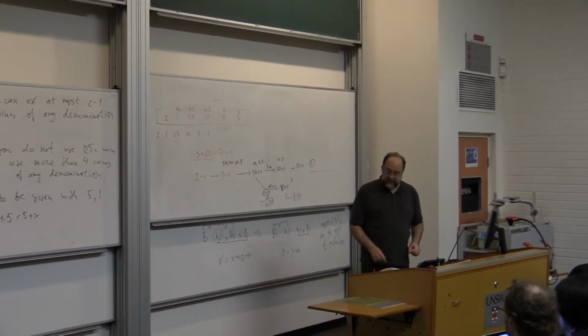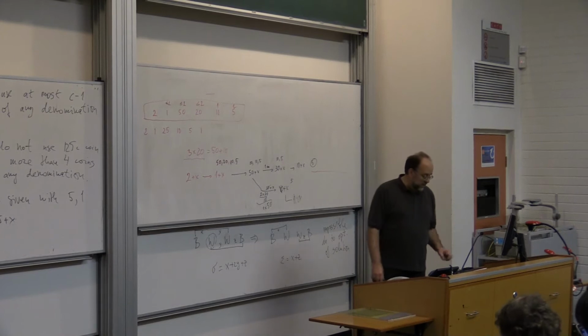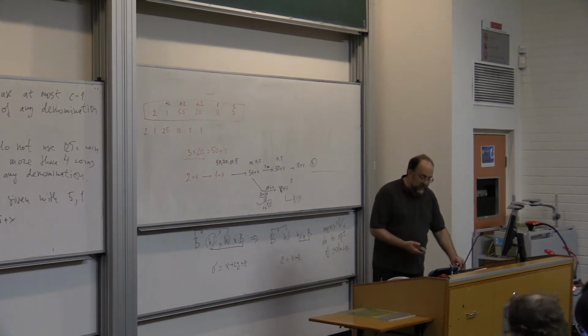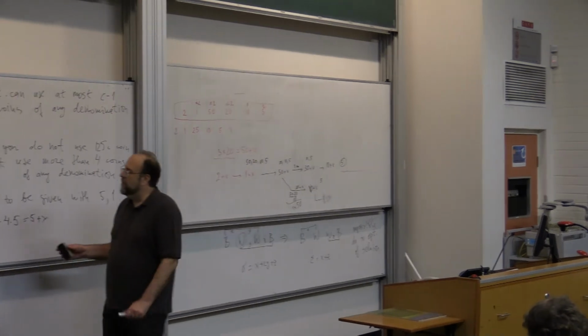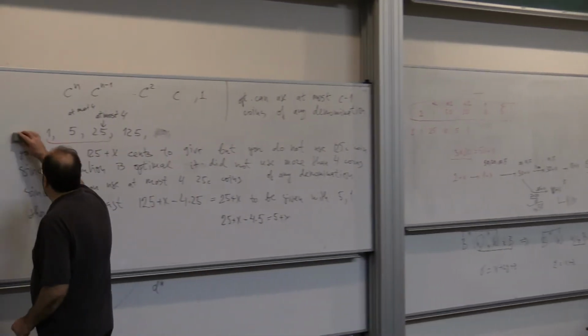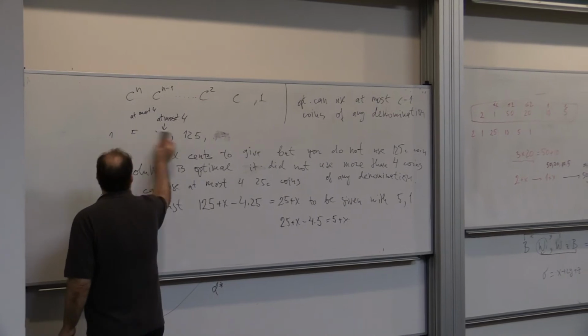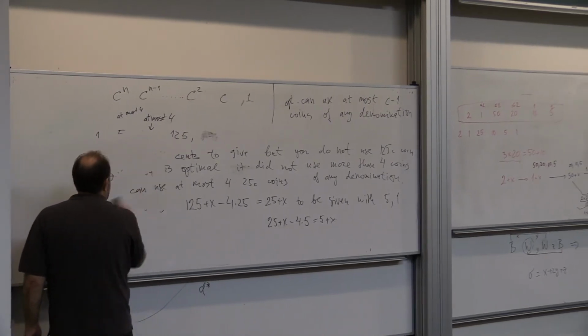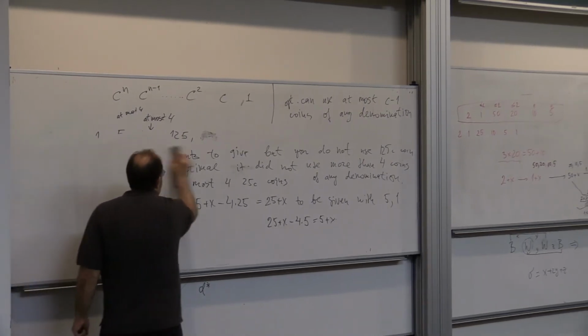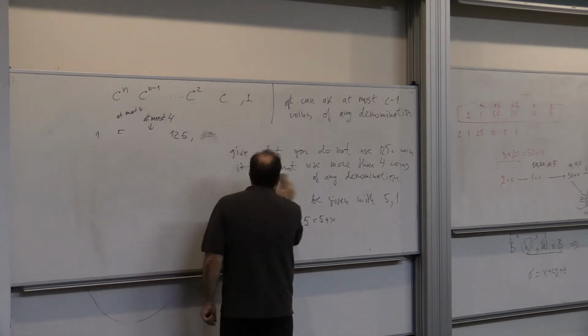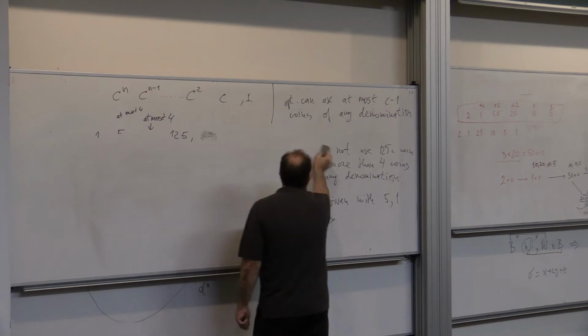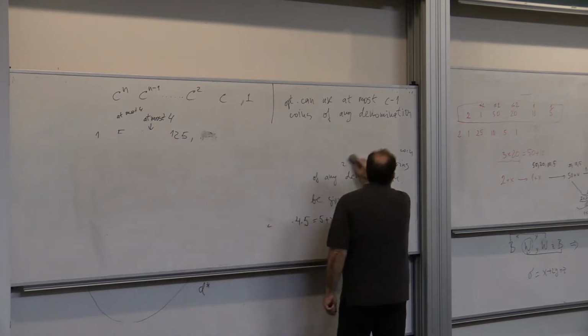Okay, let's do another greedy, and then tomorrow we will do only polynomials. So another greedy is this. You have bulletin boards, and you have to put flyers on a bulletin board.